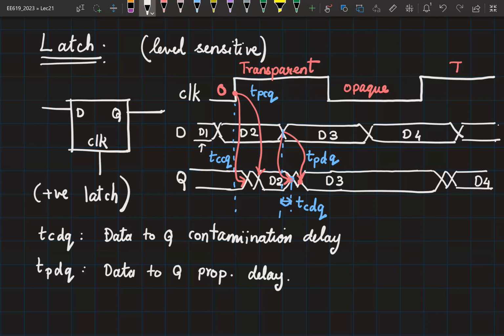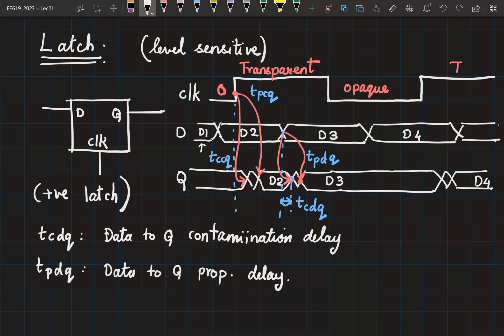So setup time is a relationship between data and clock. And it is like data has to be set up so much time before the clock edge. So now we have to identify what is the clock edge before which we need to set up the data. Right? So I have got two answers. Everybody says both the edges.